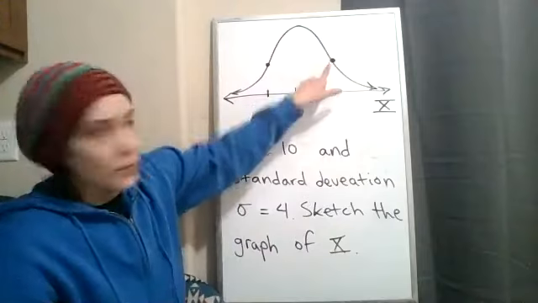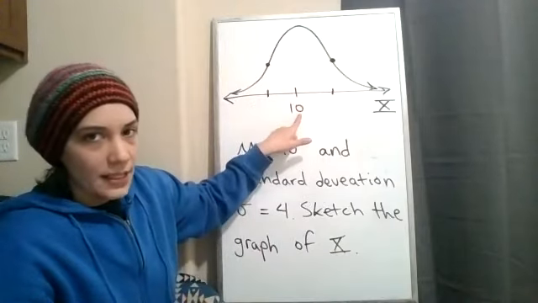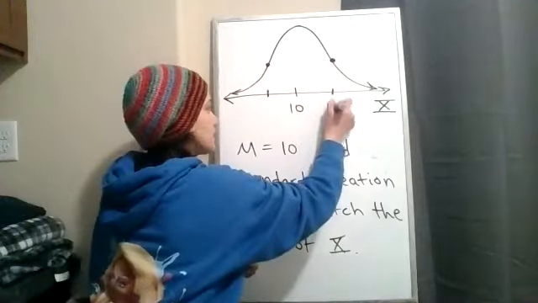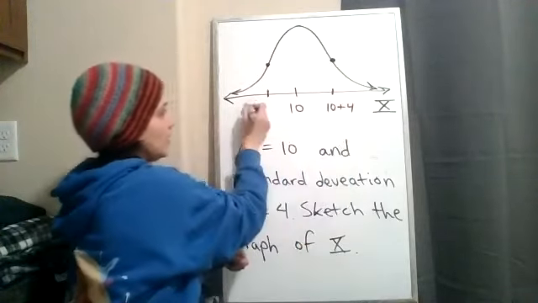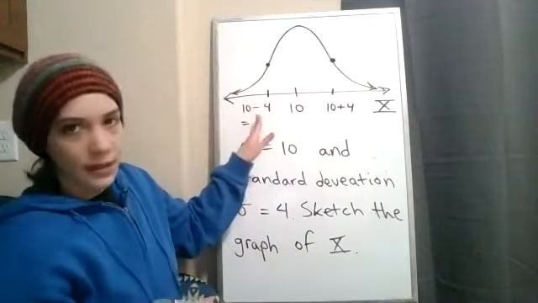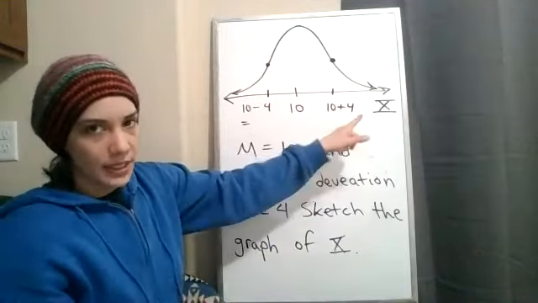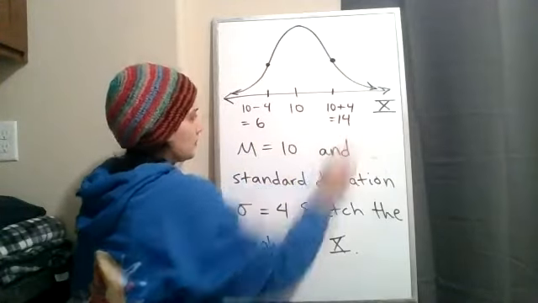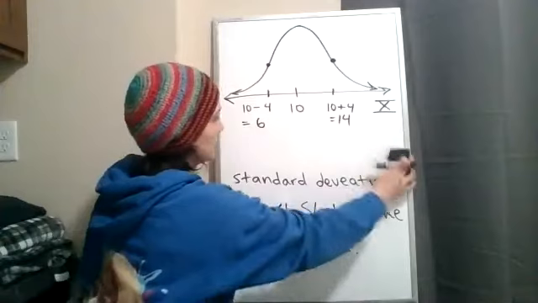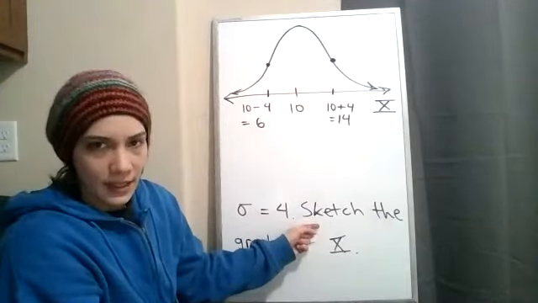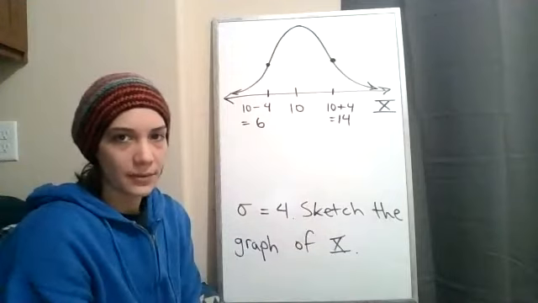So inflection points occur at 10 plus 4 and 10 minus 4. So here at 6 and at 14. And I think that's as much as we'll do for these graphs.